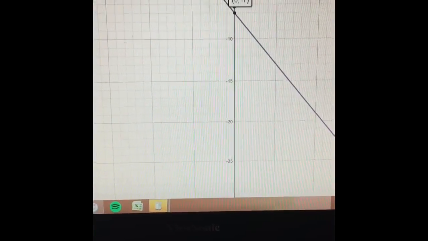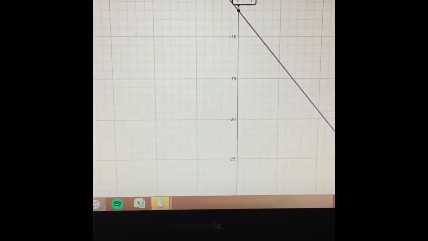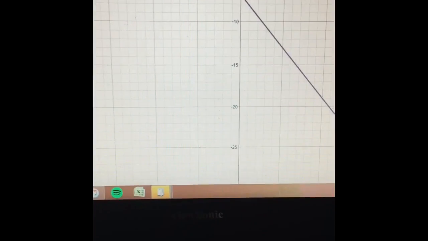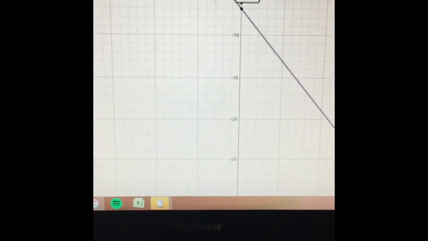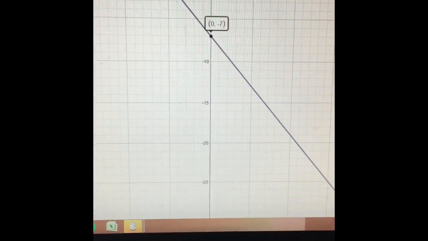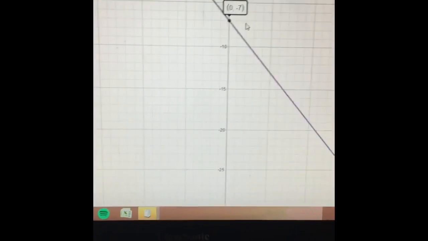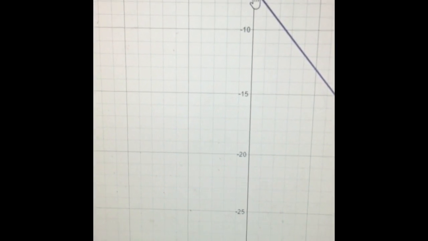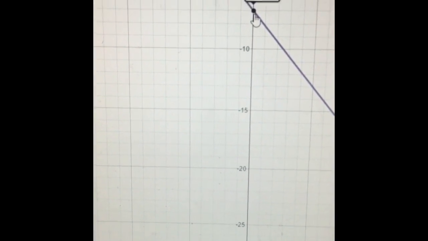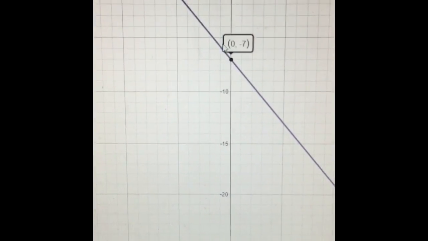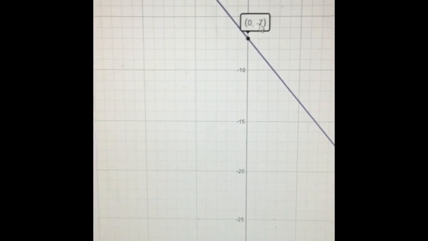Let's find another point, and you go 6 over, 5 down, and that's the consistent thing: negative 6 over 5. As it's marked, it crosses the y-axis at negative 7. So if you plug that into our formula, it's negative 6 over 5 x minus 7.